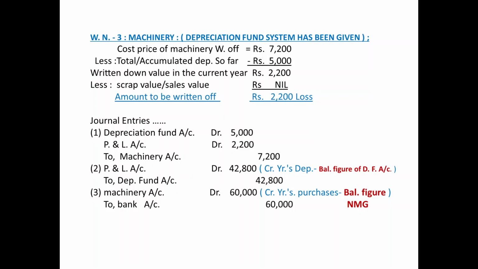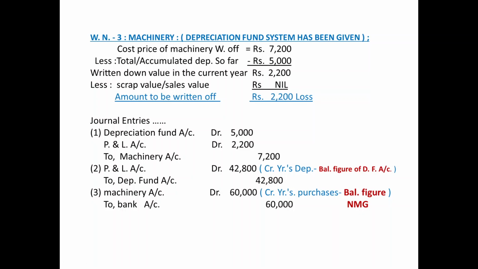Okay, let us prepare a working note for this item. Working note number 3, machinery. Original cost price of machinery which has been written off in the current year, rupees 7,200. Total accumulated depreciation so far, rupees 5,000, as given in additional information point number 3.